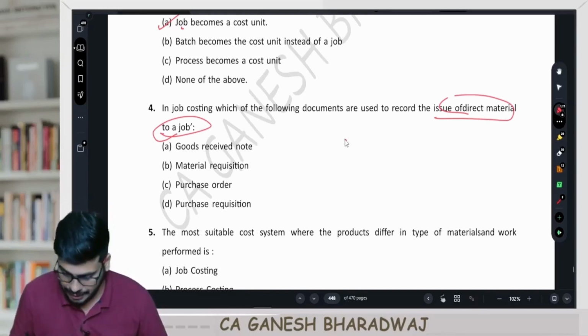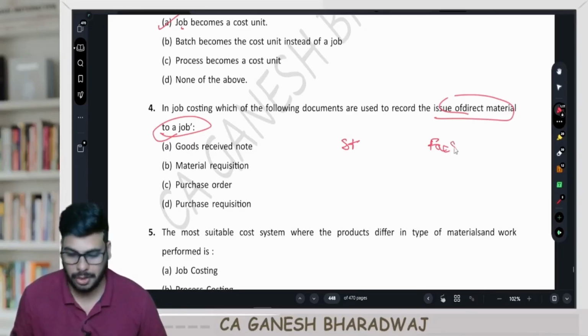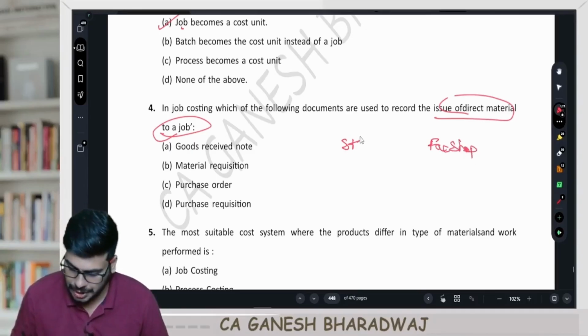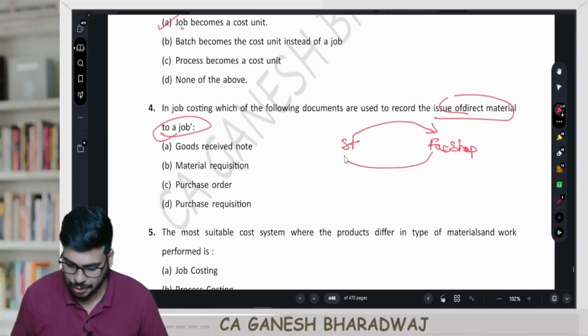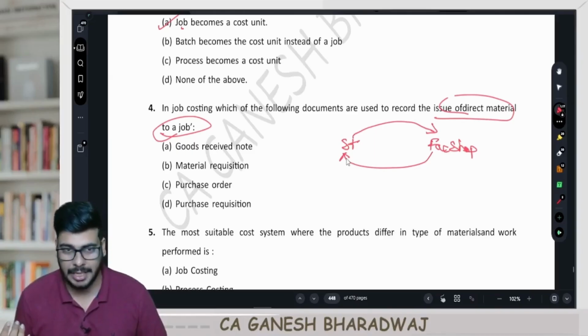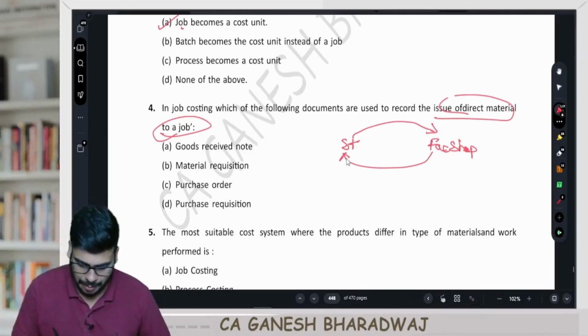Now, I told you guys, from the stores to the factory shop. Just like that, will the stores manager issue all these units? No. First, what should this guy do? This guy should request for materials through what? WhatsApp? No. Through a proper document called material requisition note.